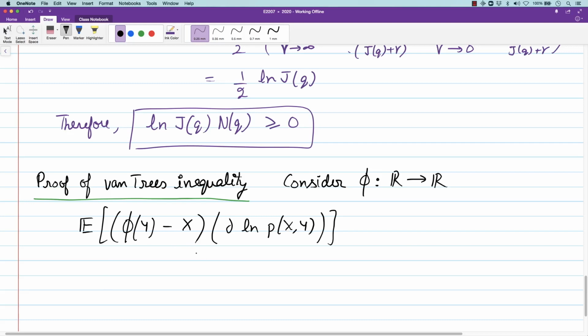Let's look at this expected value. We can divide it into two parts: expected value of phi of y, minus expected value of x. I should be clear here that this derivative is with respect to x.